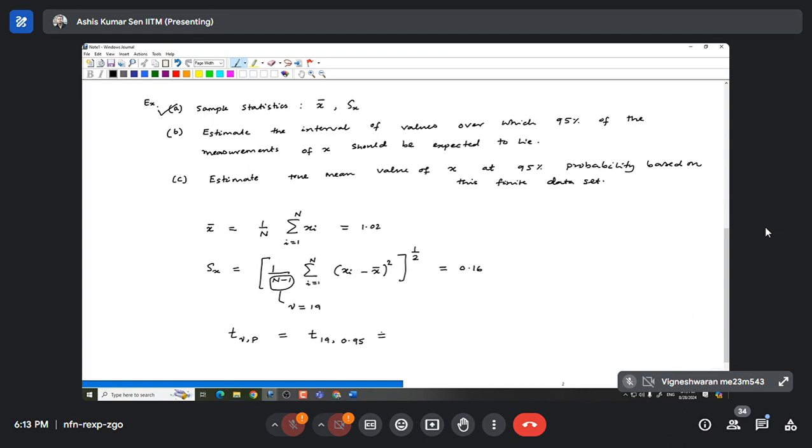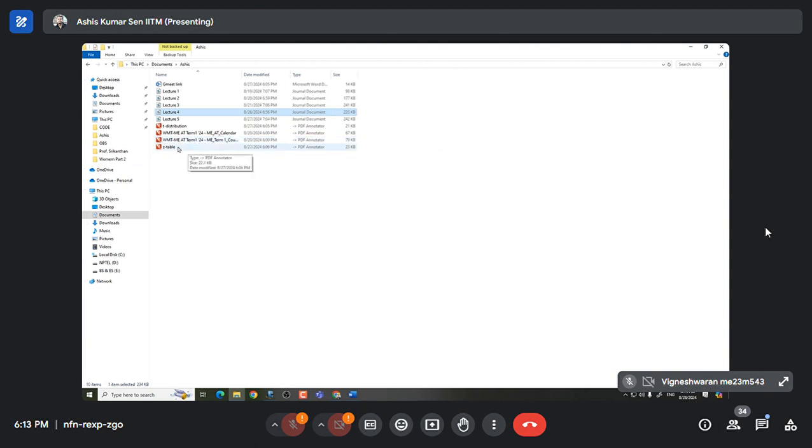So that we can read from the table. Okay, so I will show you the T table. I think I have not shown you that. So the T distribution table.